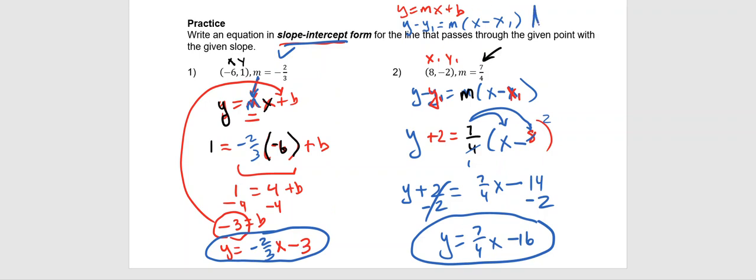Or actually, my preference is to use point slope form because that's kind of a gateway for writing an equation in any form. Start by writing the equation in point slope form and then simplify it into slope-intercept form. So now you have two different approaches in which to write an equation in slope-intercept form when you're provided a point on the line by way of an ordered pair and the slope of the line.